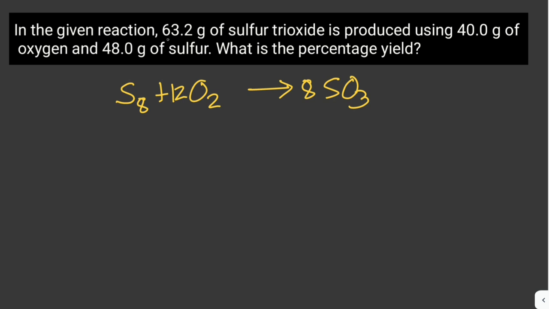We are already given the actual yield, which is 63.2 grams. So we need to solve for the theoretical yield of sulfur trioxide. We start with 40 grams of oxygen.